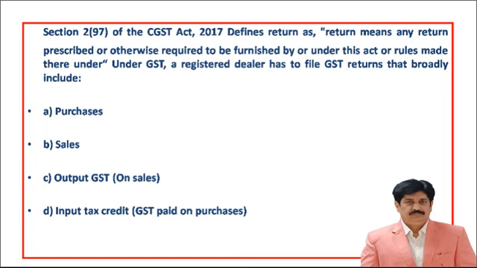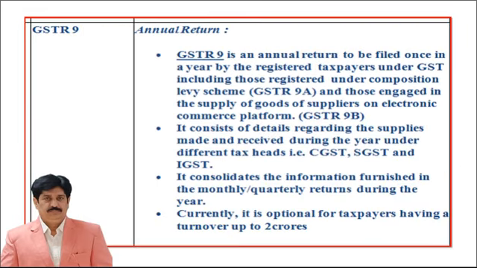Now let us try to understand what is GST annual return. So when we need to file GSTR 9, this is the annual return. There are different types of returns, but here our discussion is limited to annual return.